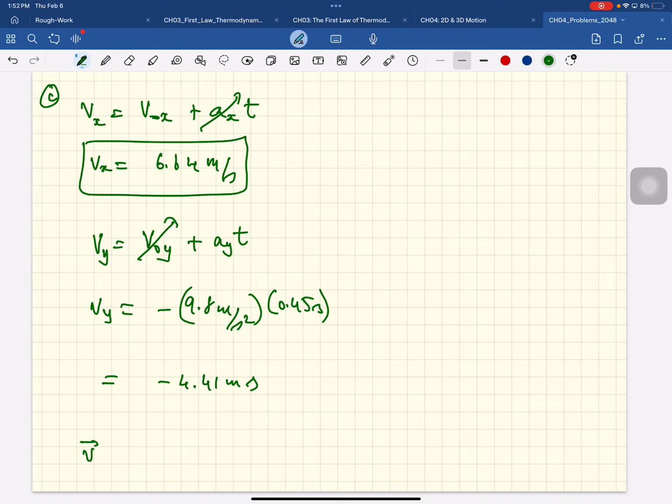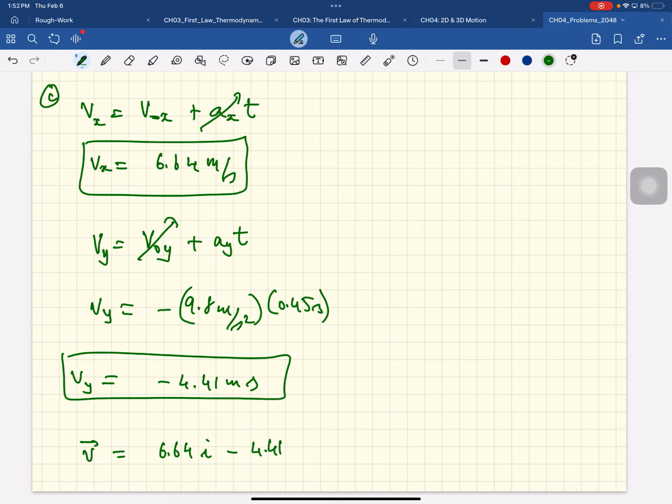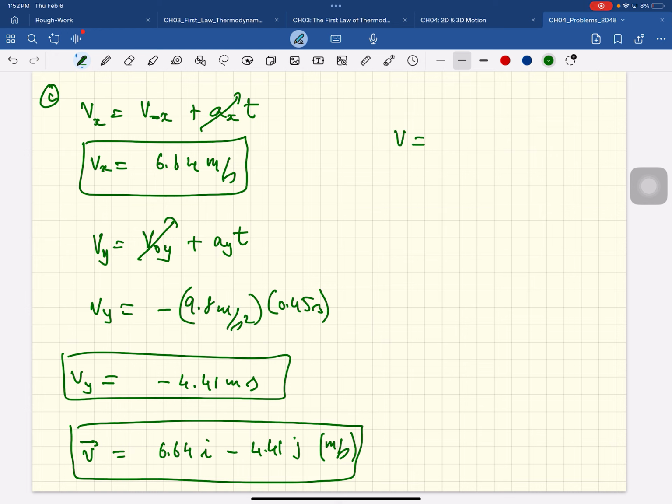Okay, so the final velocity just before it hits the ground, in terms of components, is that. And if you want to calculate the speed with which it hits the ground, you just have to calculate the magnitude.